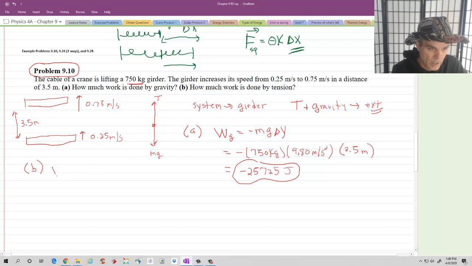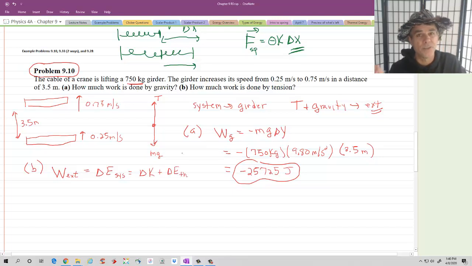So I know the work done by all external forces equals the change in energy of the system. And again, we're just looking at the change in kinetic energy plus the change in thermal energy. If there's no friction, no air resistance, no thermal energy is going to be generated, don't need to consider that in this case. So only looking at the change in kinetic energy.